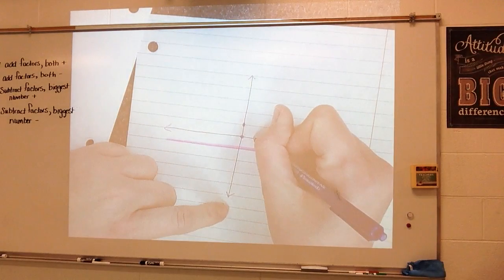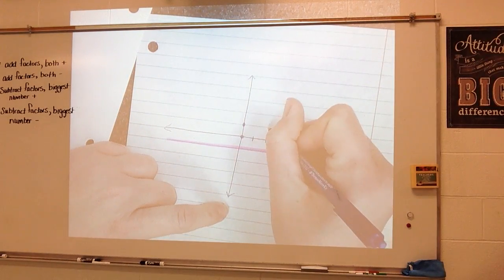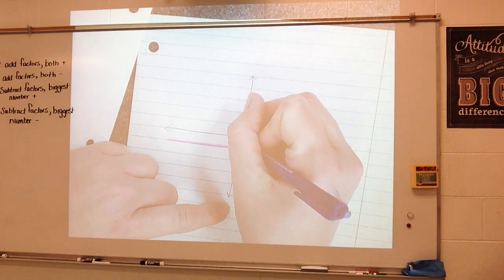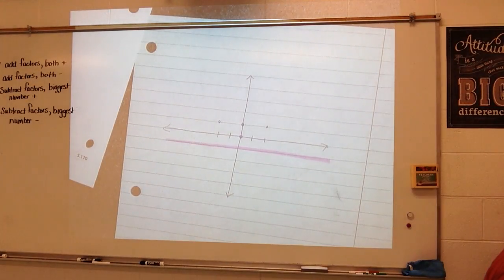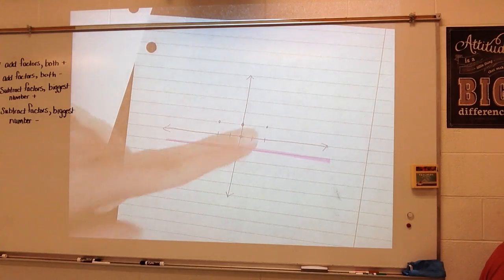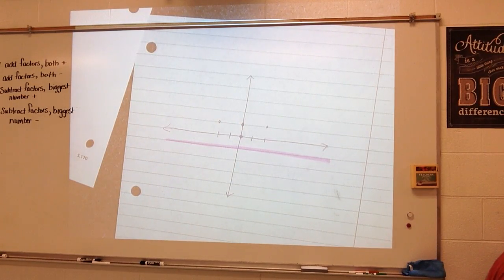So if I go 2 units to the right and 2 units to the left, then I can create the next 2 points of my parabola.